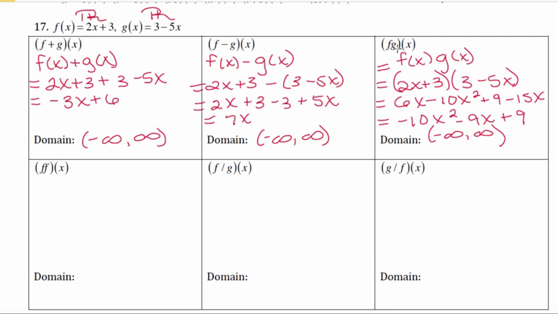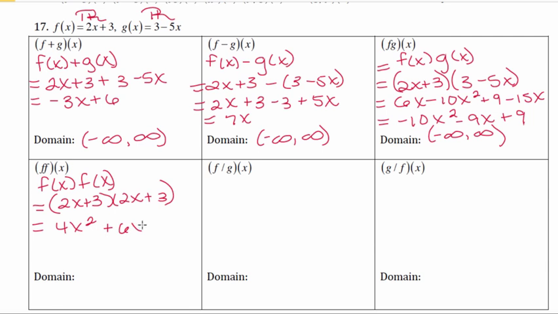F times f, I'm going to take my function f and times him by himself. It is f of x times f of x. And that is equal to 2x plus 3 times 2x plus 3. And we have to FOIL that out. So we get 4x squared plus 6x plus another 6x.